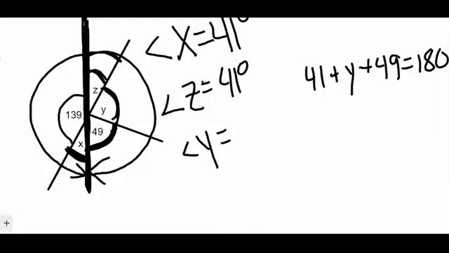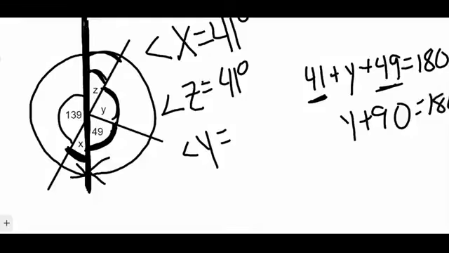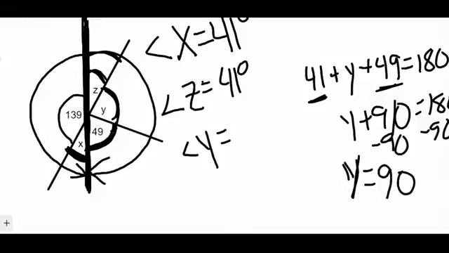So I'm going to add up the 41 plus the 49. If I add those together, I get 90 degrees. So 41 plus 49 is 90 degrees. All I have to do then is take 180 minus those 90 degrees, and what I get is that angle Y is 90 degrees.